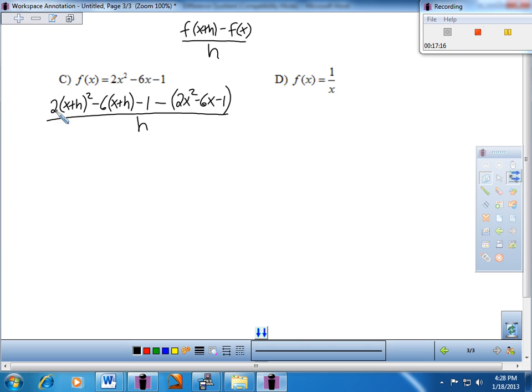So again, I'm going to do just this piece. This is where I would probably see the mistakes. So I'm just going to do this piece and then erase it and then just put it in place. So I would do this, 2, and then we already figured out what x plus h squared is. That's that, right? So now the only difference is I have the 2 out in front, and I would go ahead and probably distribute that in.